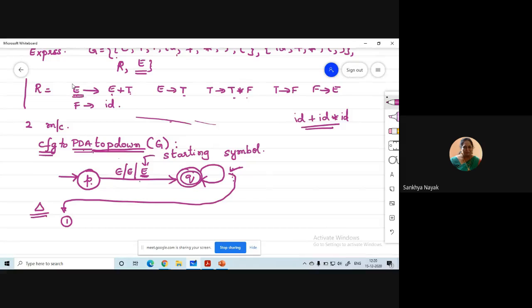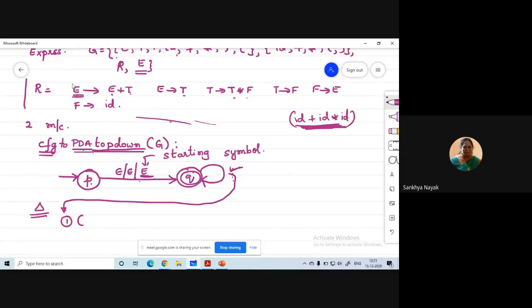We are starting from E and trying to see whether this can be derived using the particular grammar that has been given to you. In the stack, we pushed E first. All right, so what are the other things that will happen?